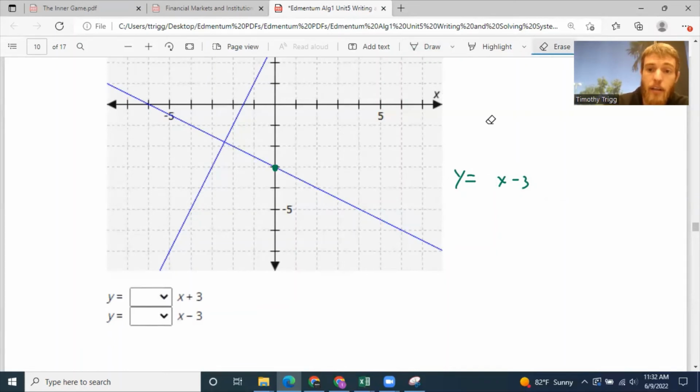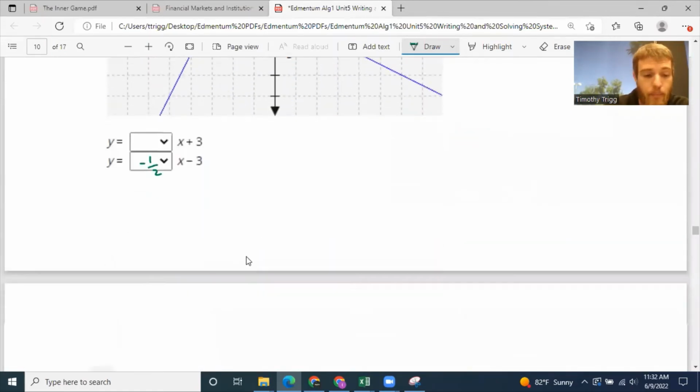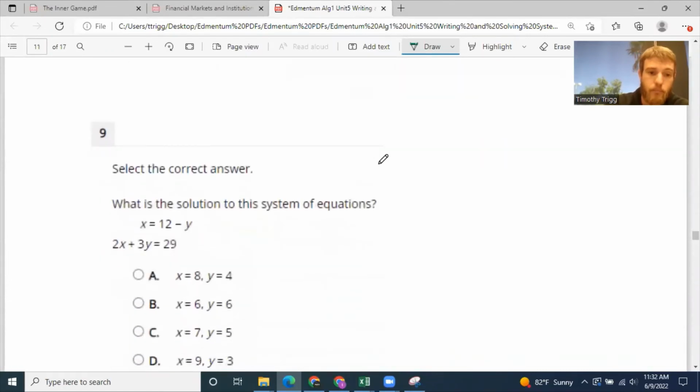Well, remember, we can calculate the slope by doing rise over run. Now this line is going downwards as you go from left to right. So in this case, your slope will be negative. Notice if I go to this point, I'm going down 1 over 2. So the slope right here will be -1/2. Okay, go ahead and find the slope of this line and put the answer there.